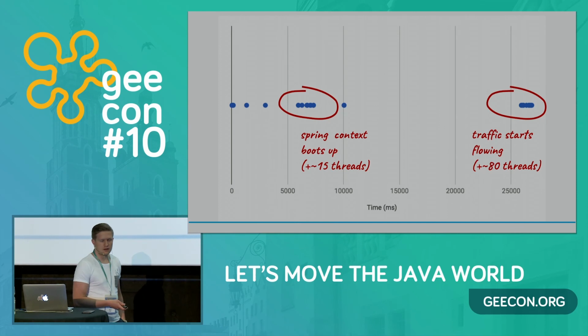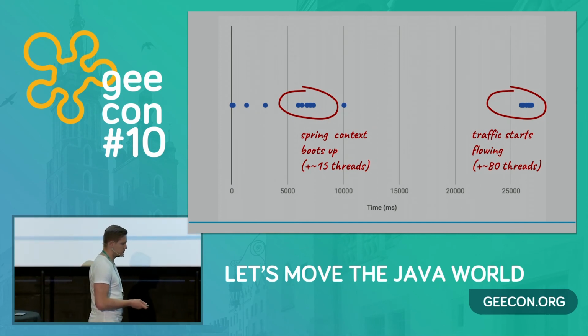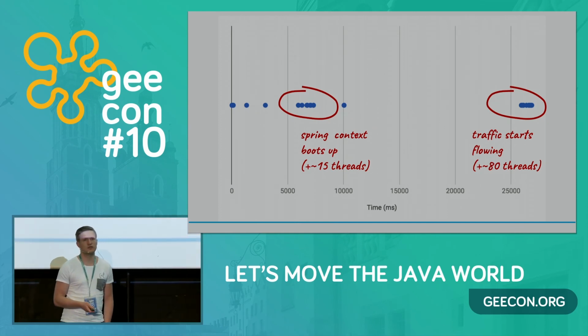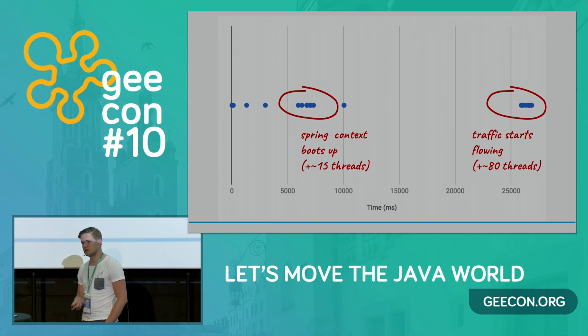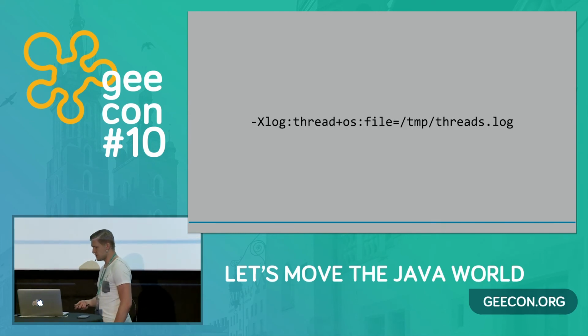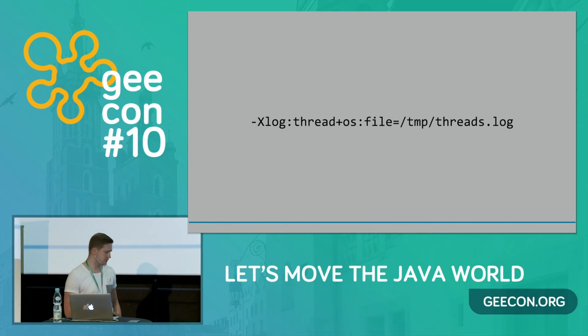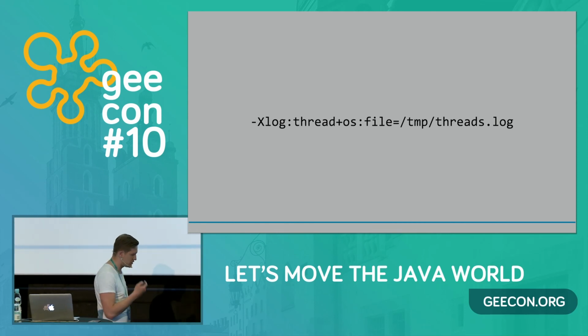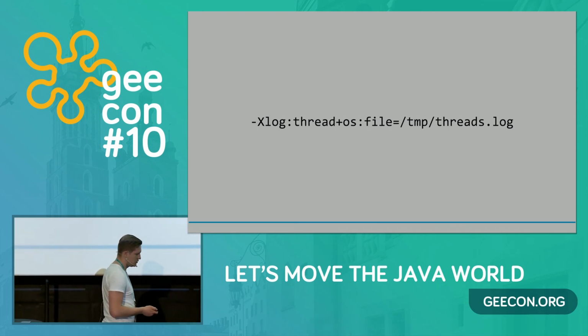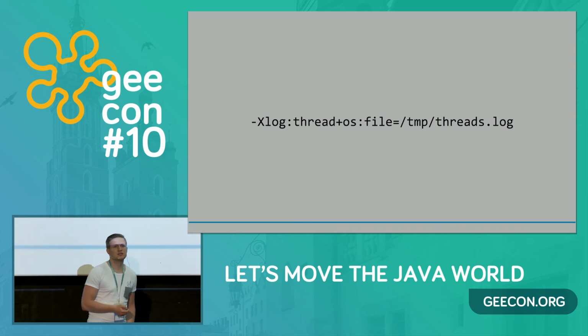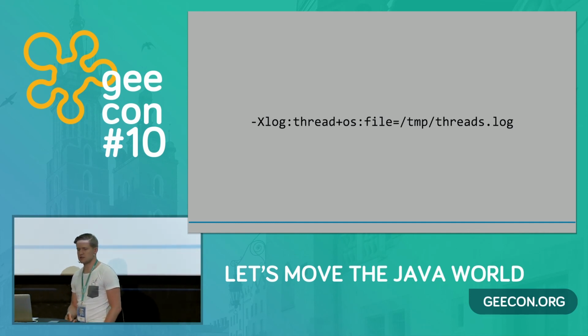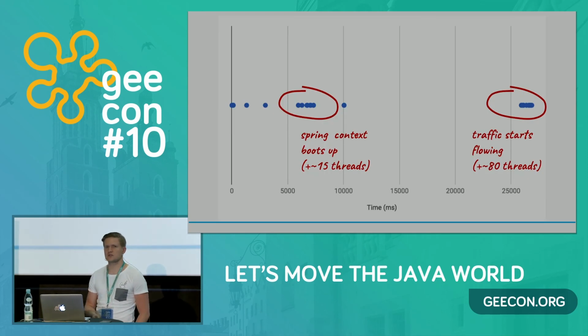And how was I actually able to get all this data about the threads which start in my application? Well, in Java 9, there was this neat but very barely known feature called unified logging. It did a lot of cleanup to the logs in the JVM, and you can get, at almost no cost, logs from creation of every single thread.